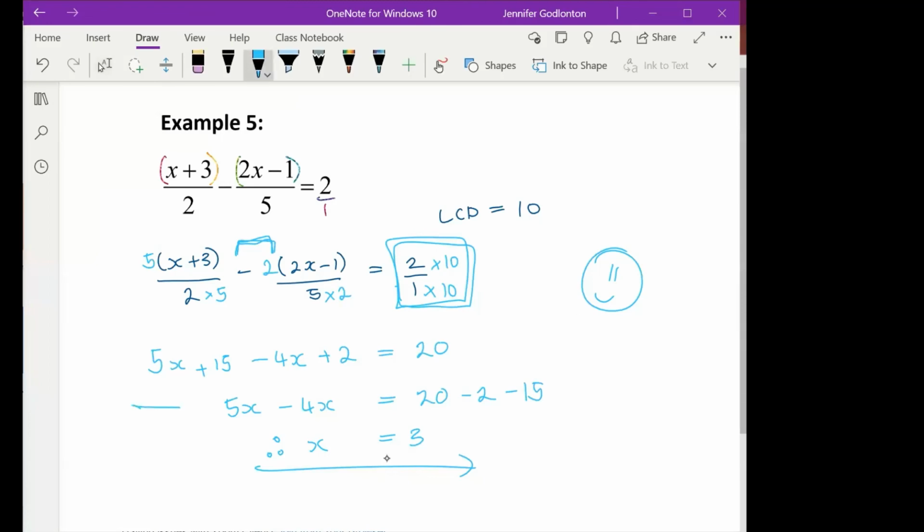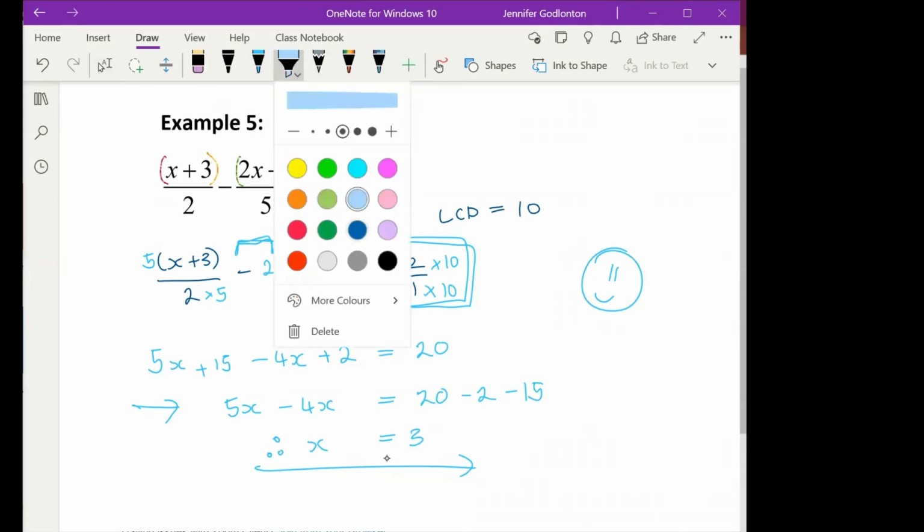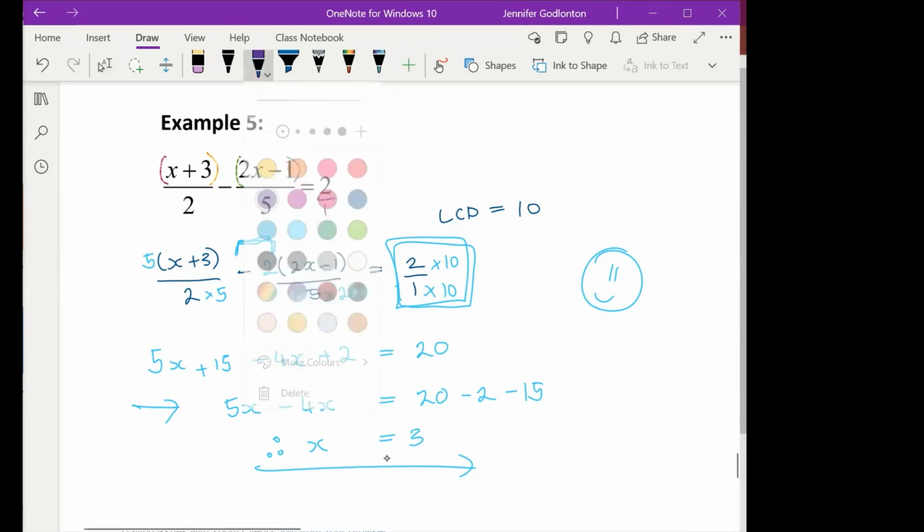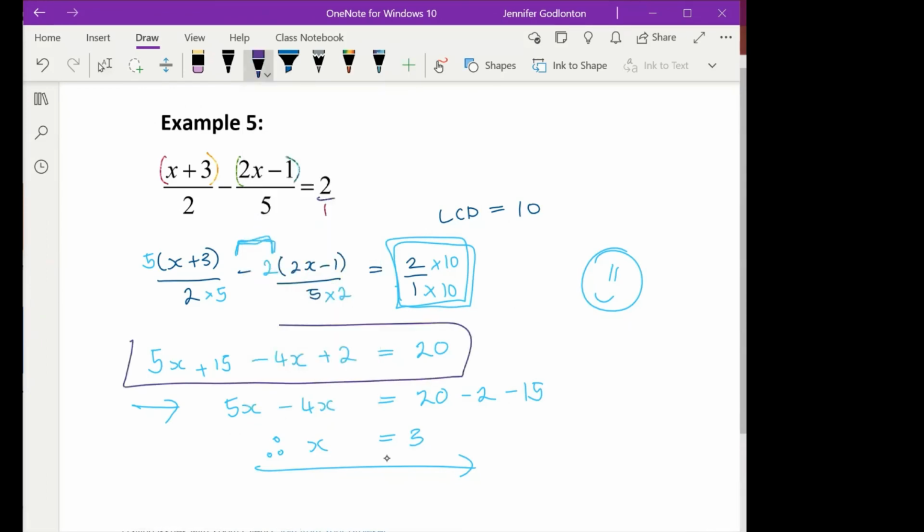I wrote 5x minus x is equal to 5 minus 15 plus 20, and I got 10. Okay, it sounds like your numbers got a little bit mixed up there. Can you just check something for me? Can you just check if this over here, if this guy, if you have the same numbers as I do?